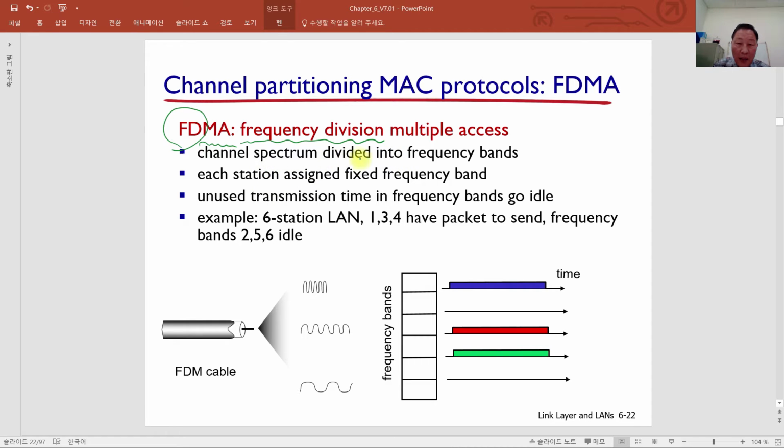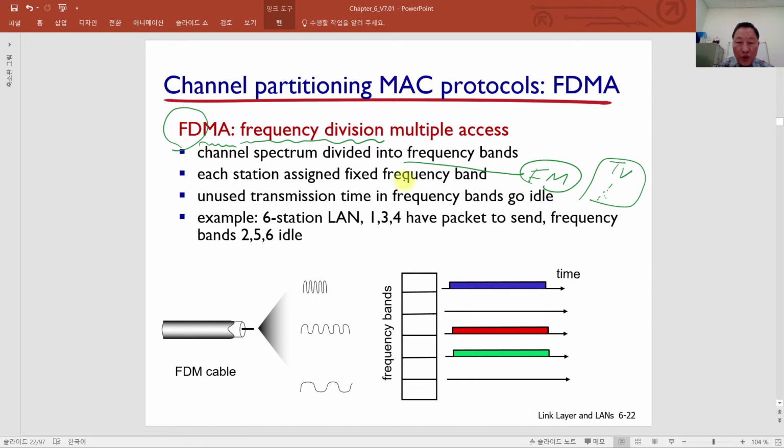The channel spectrum is divided into frequency bands. And each station is assigned a fixed frequency band, like our FM radio channels or TV stations. You can think of the channels.